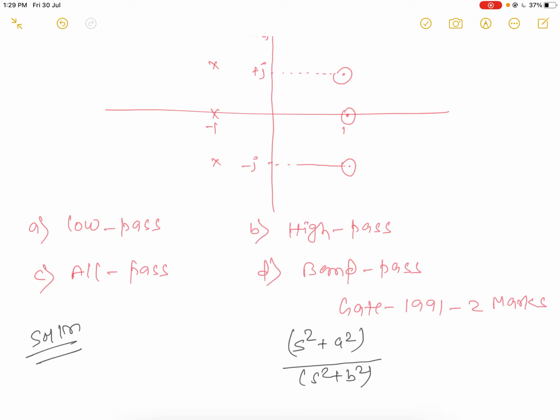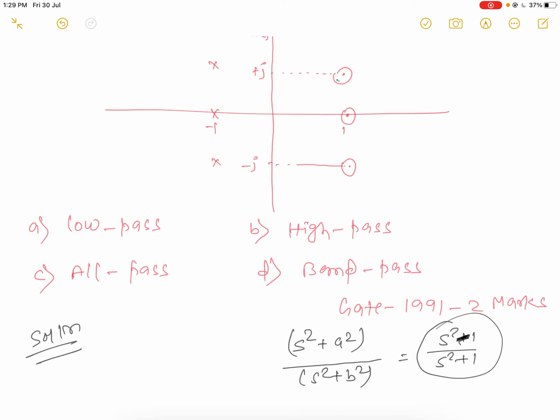But according to this one, it will be 1 and 1. Okay, s square plus 1 and s square plus 1. Here are the poles and zeros. Sorry, this one is on the right side, it means the negative, because right side means it comes to the positive point of view.